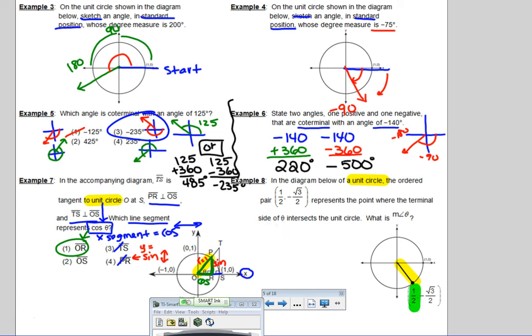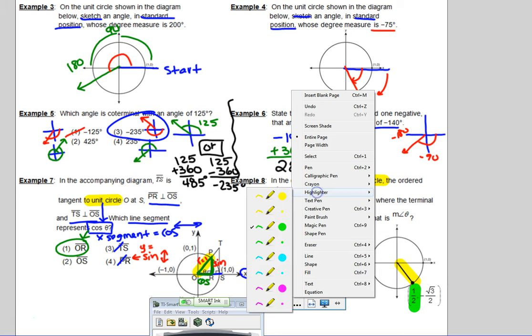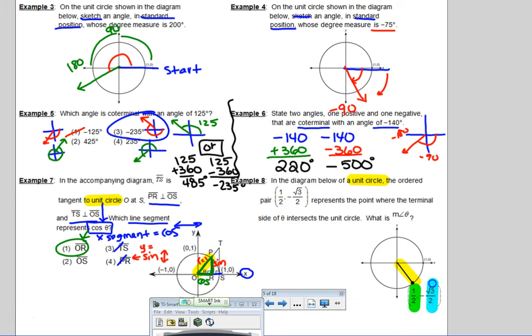X is the cosine value, and y is the sine value. Now notice that cosine is positive and sine is negative. And I showed you on that interactive that as you're going around, the values are going to change from positive to negative because x is cosine, so x is positive. And then y is the sine value, and y is negative, and that's where those are coming from.